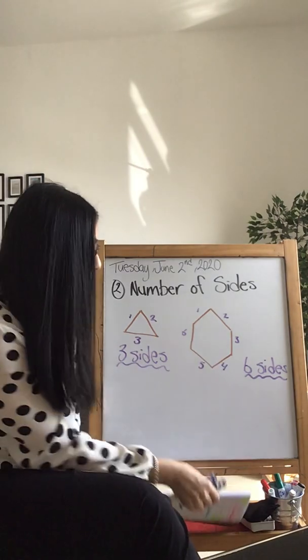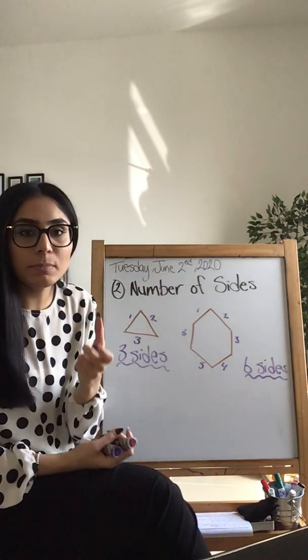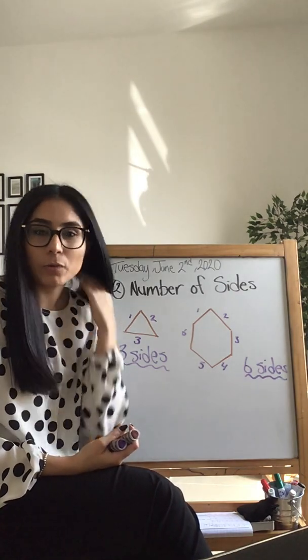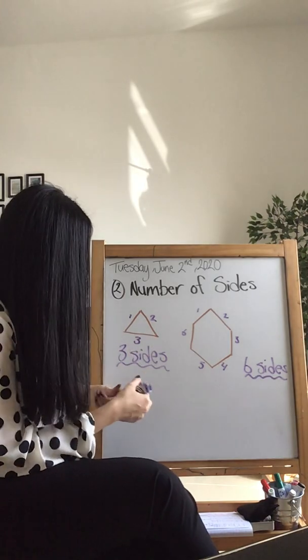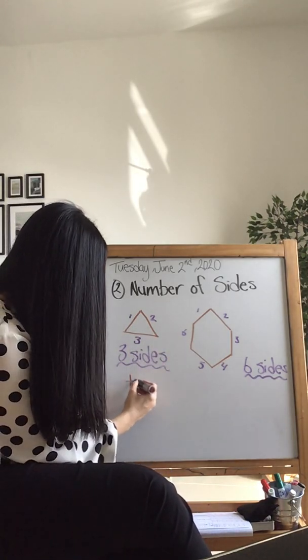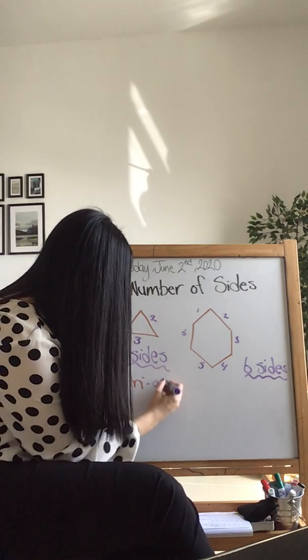Now tomorrow we're going to look at what the different types of shapes are based on the number of sides, so maybe I'll quickly mention them here. Do you remember that if I have 3 sides, I have a triangle?